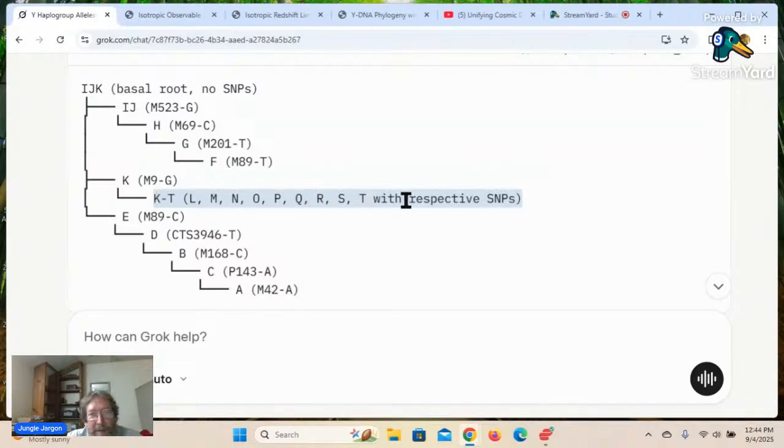I would have liked it if he gave all the SNPs. So these are the new SNPs.